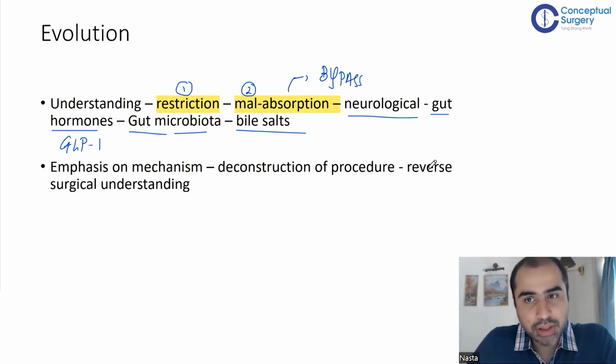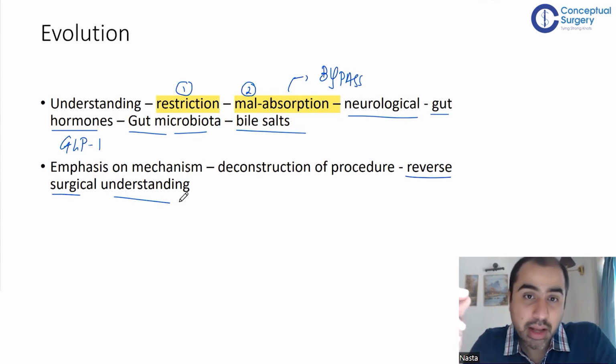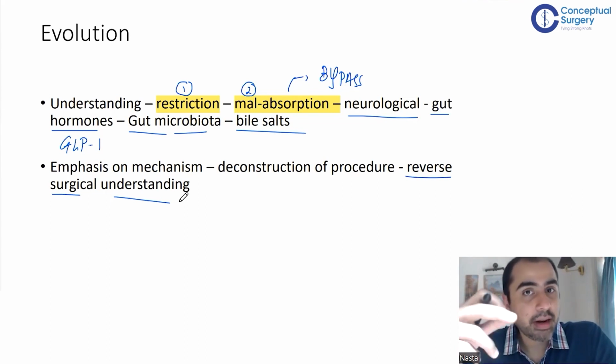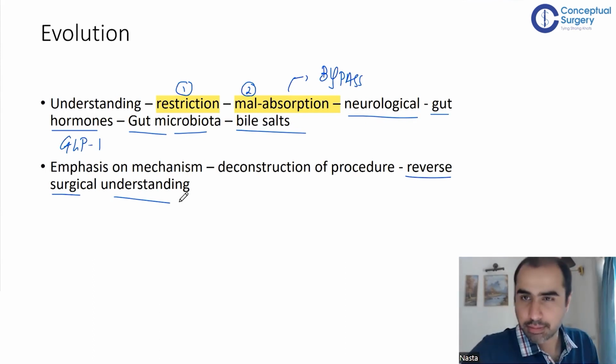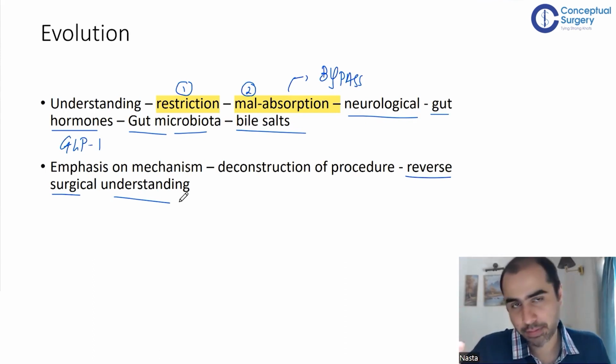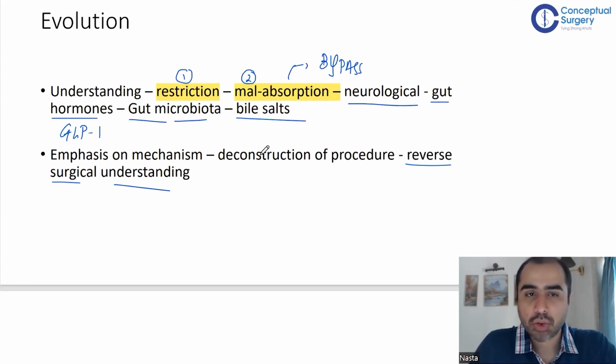So first they would do surgery, then they would understand the implications, something like a reverse surgical understanding. Try this, see how much weight he loses, then realize the effects, and then realize, oh, what went wrong or what can be done better. This is how it has been evolving. It is still in evolution. You will see when I take you through the different procedures, how much they have evolved, you will see, right?